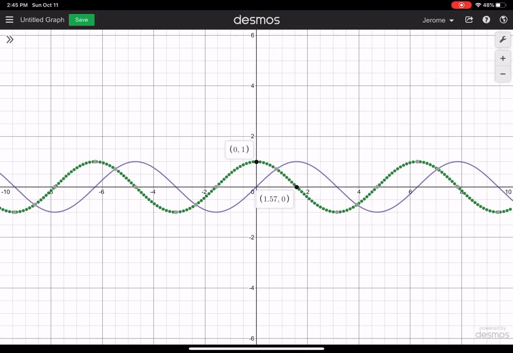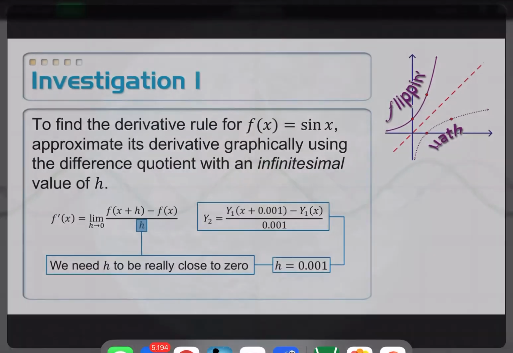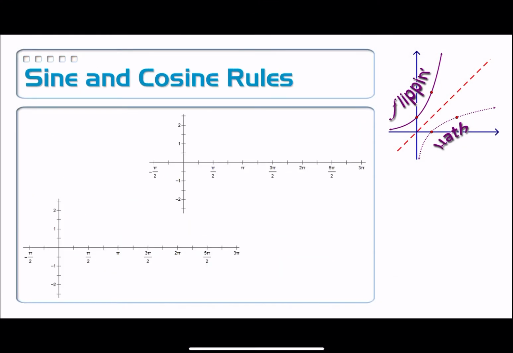And this is kind of astonishing, that the derivative of sine is its cofunction, cosine. So what does that mean? That means that if I wanted to find the slope at any point on this purple graph, sine x, all I have to do is plug that x value into cosine, and it tells me what the slope is at that particular point.